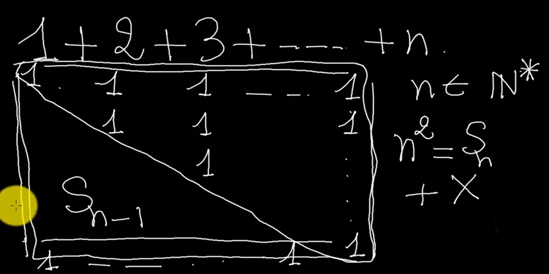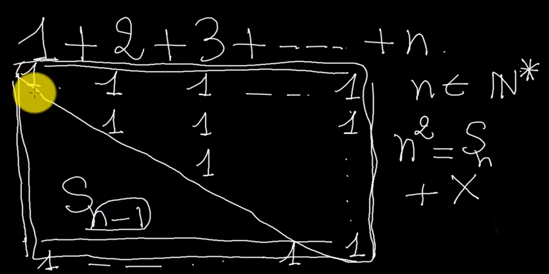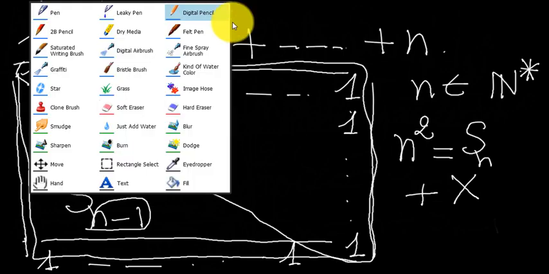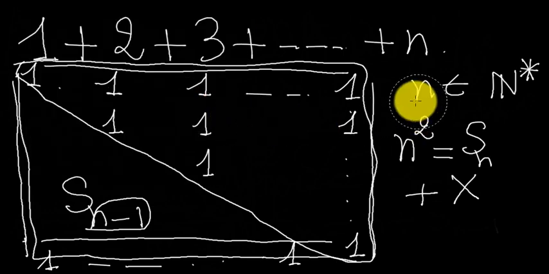And so we have a width of n minus 1 and also a height of n minus 1. So it's nothing but the Sn minus 1. So the area is just Sn minus 1, as if we wrote 1 until n minus 1 in a matrix way.